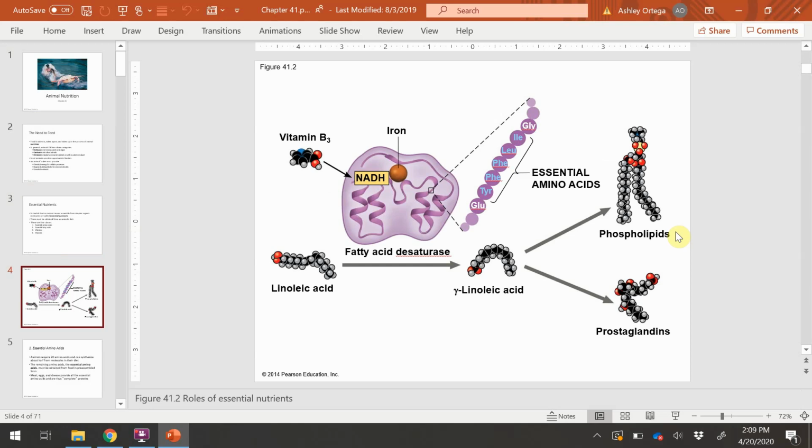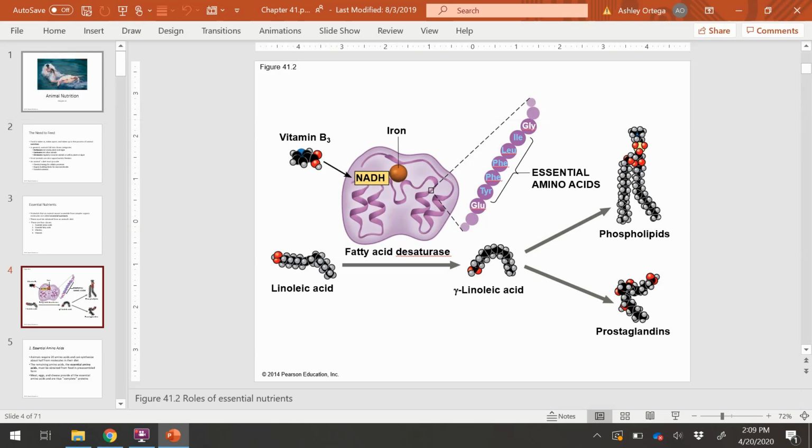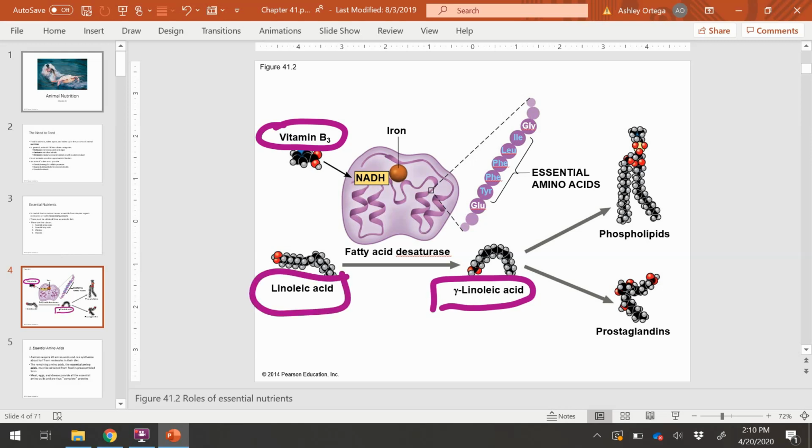Here we can see the four essential nutrients. The first one is vitamin, here vitamin B3. Vitamin B3 is an essential vitamin. Then we have our essential fatty acid: linoleic acid is an essential fatty acid, and here it's being converted to a different form.